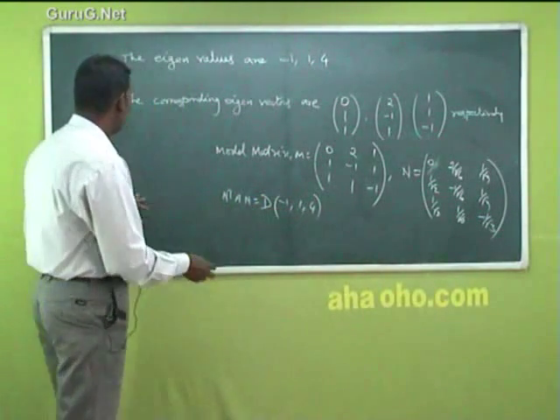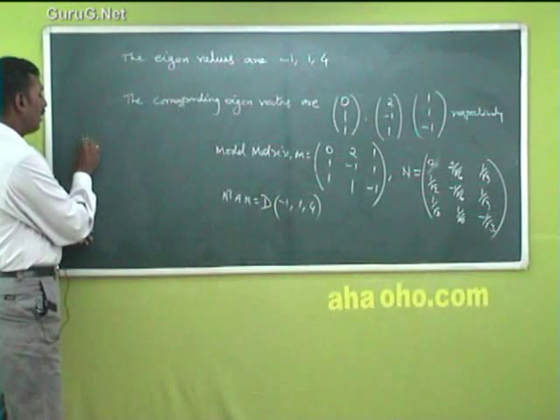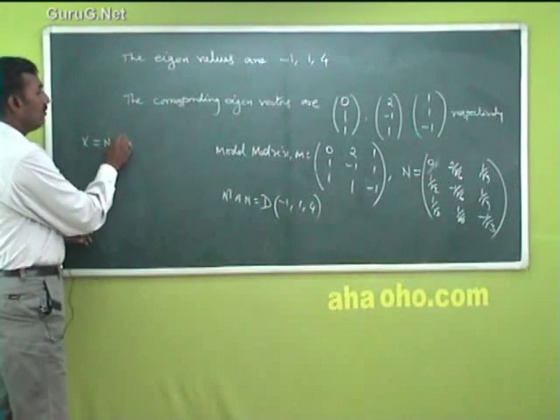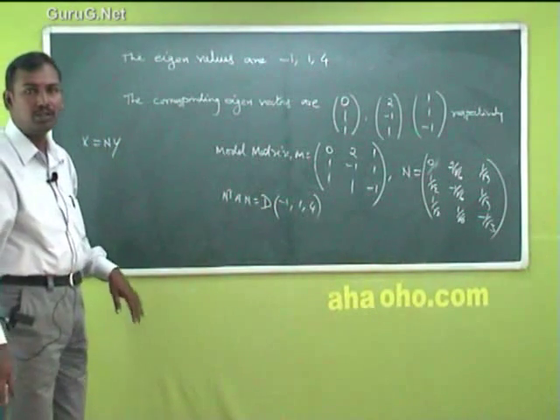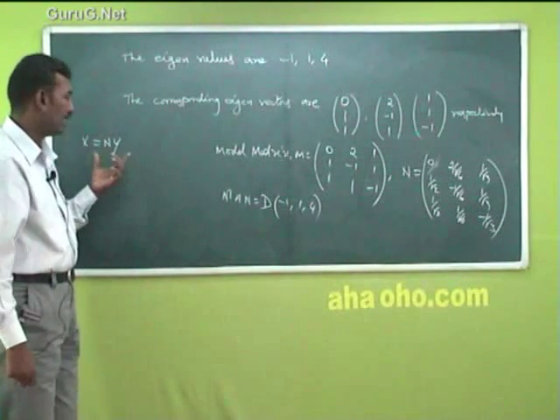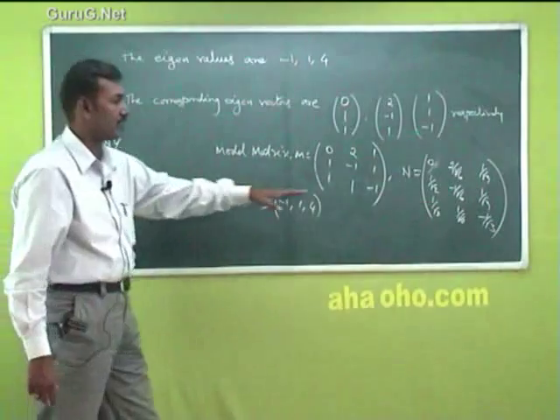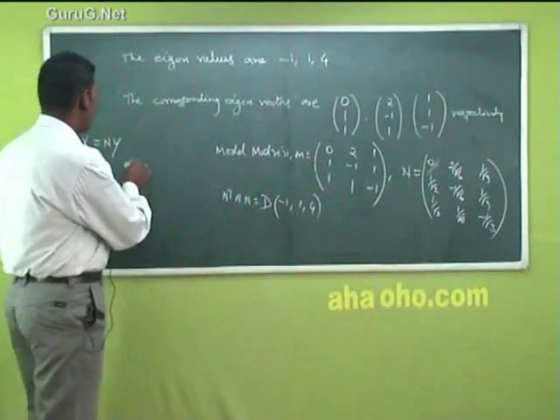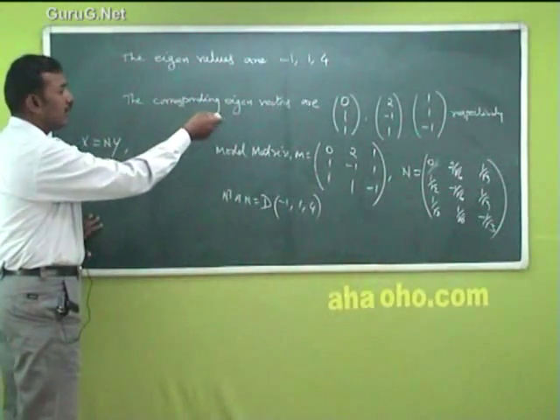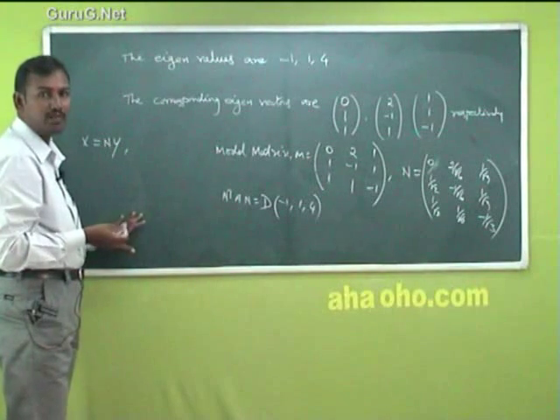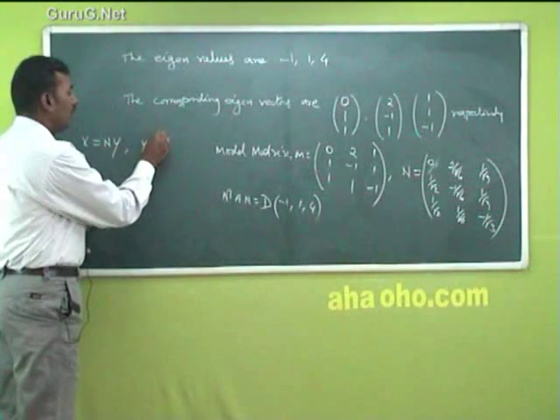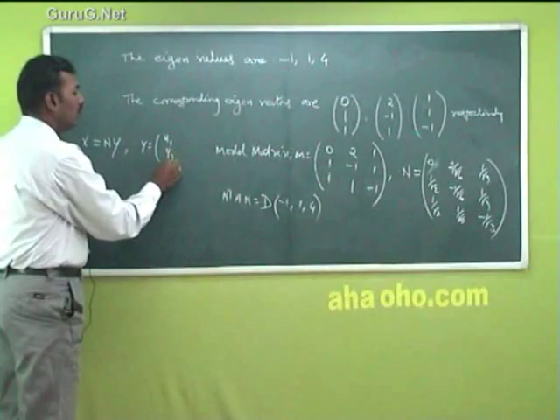The next, the linear transformation X equals N Y will reduce the quadratic form into canonical form. Linear transformation X equals N Y. So N என்கிறது இந்த matrix. Y என்கிறது என்னது? The given quadratic form is a 3 variable form, so Y is nothing but y1, y2, y3.